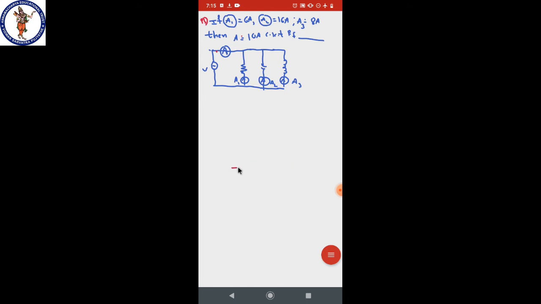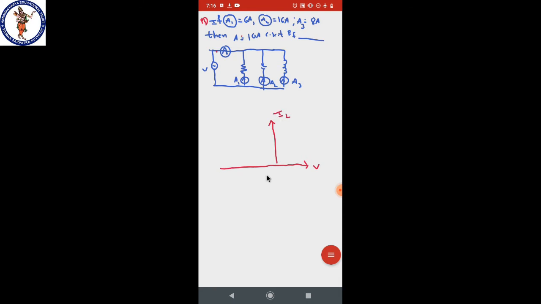Okay, I will write the phasor diagram here. This is voltage V. Because it is a parallel circuit, I will take the voltage as reference. A2 reads more current.